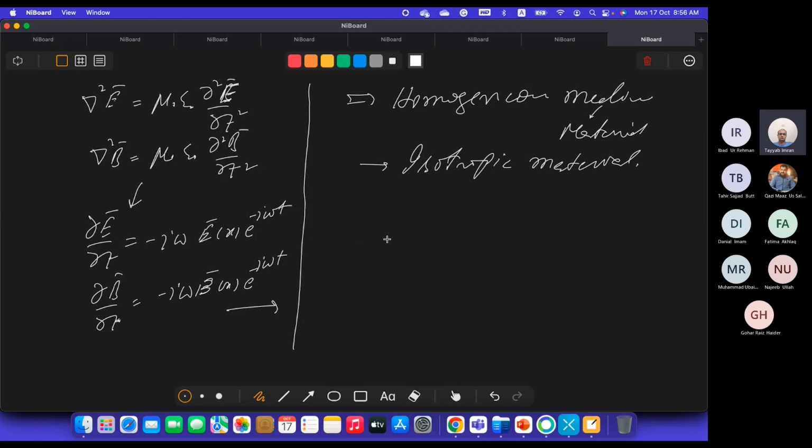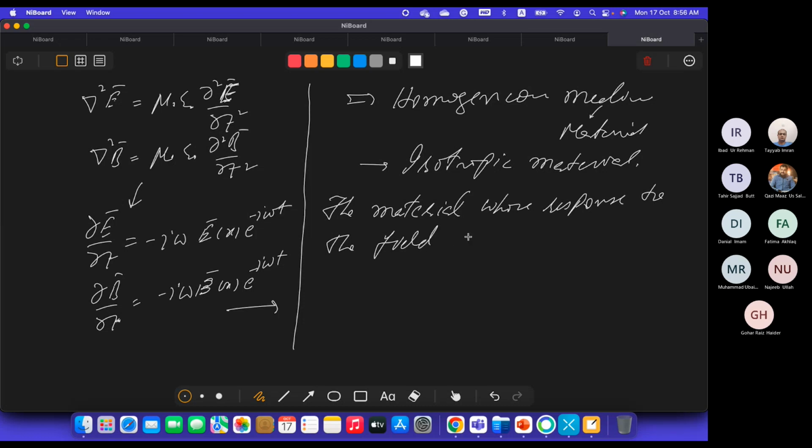If I write it, it has to be the material whose response to the field is direction dependent.